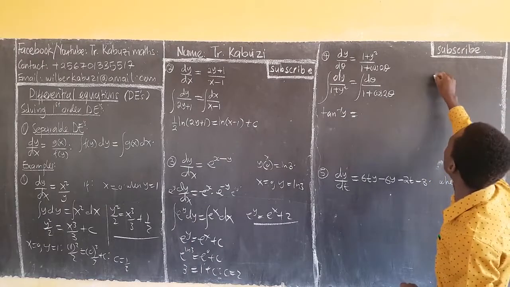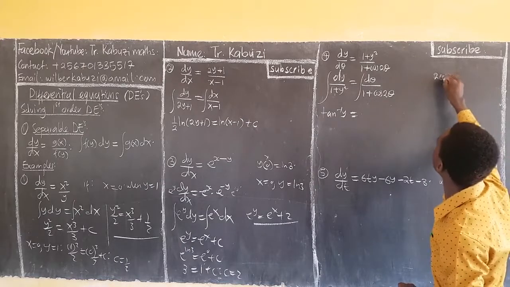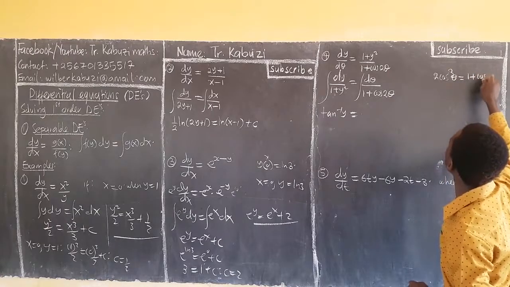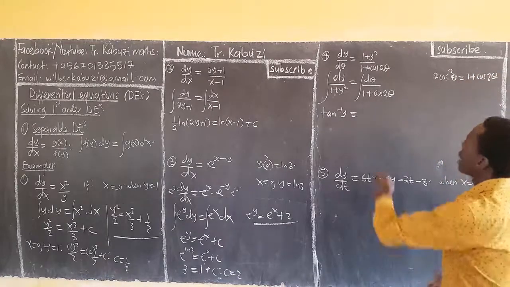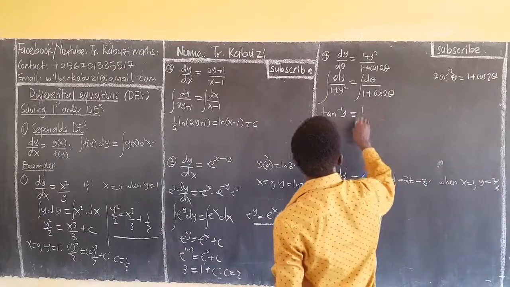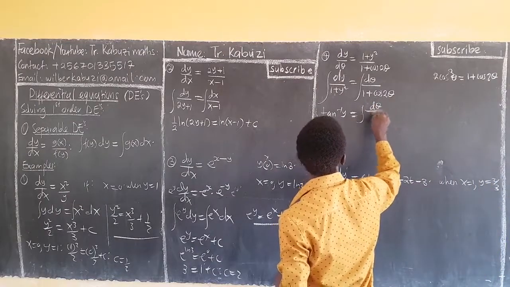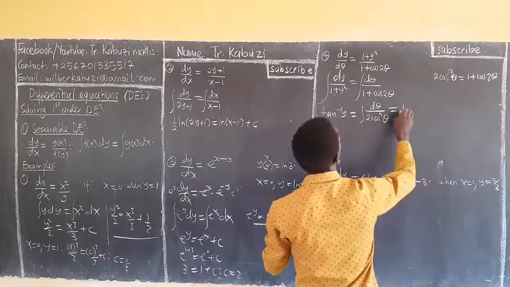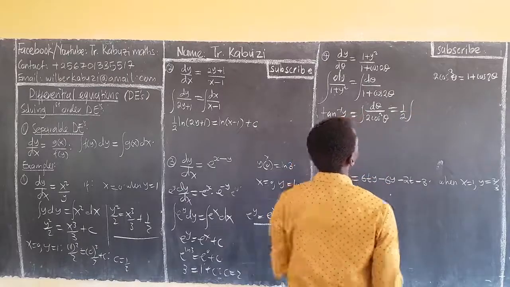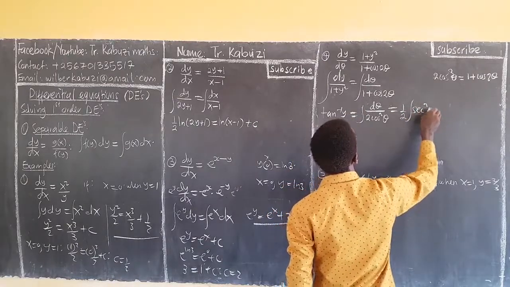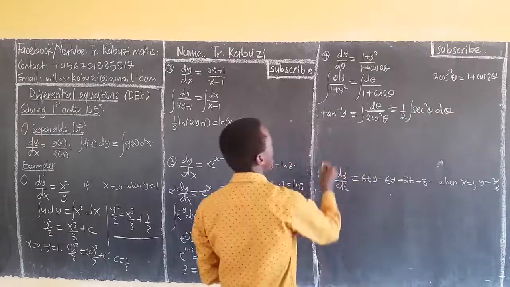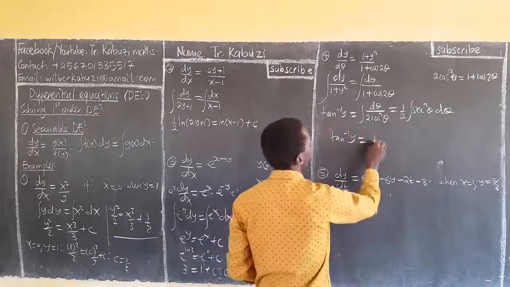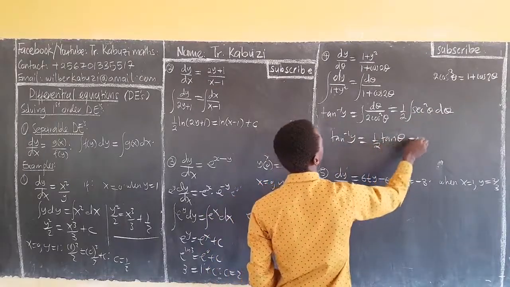You know that 2 cos squared theta is equal to 1 plus cos 2 theta. Where this is, I'm going to put this. And so now I'll be having the integral of d theta over 2 cos squared theta, which will be, I take this half out, then the integral of 1 over cos squared, which is the same as sec squared theta d theta. So here I have tan inverse of y equal to this. When I integrate sec squared, we get tan theta, then plus the constant.